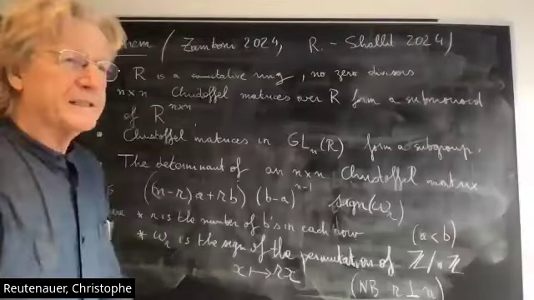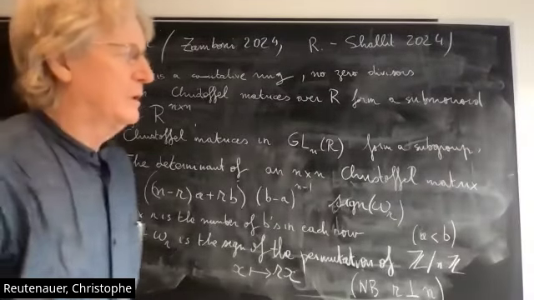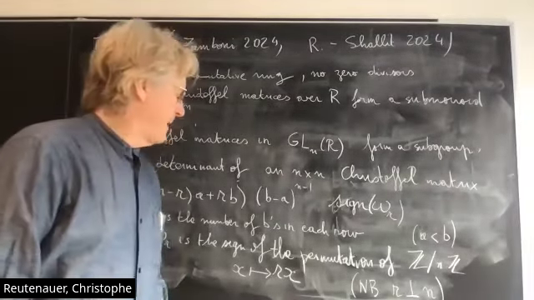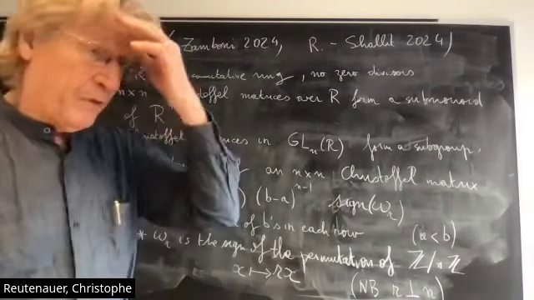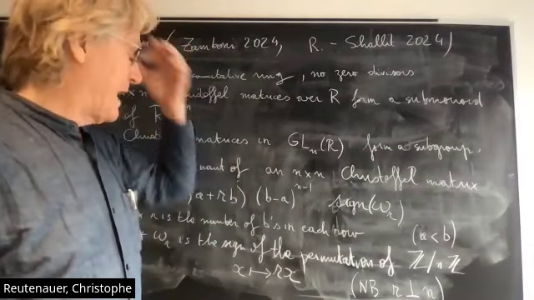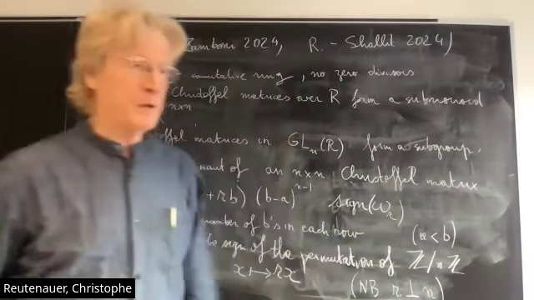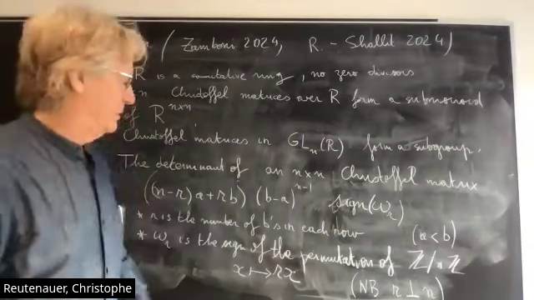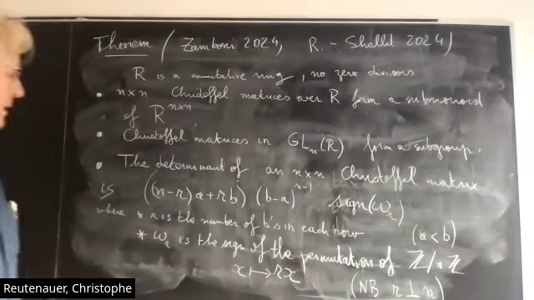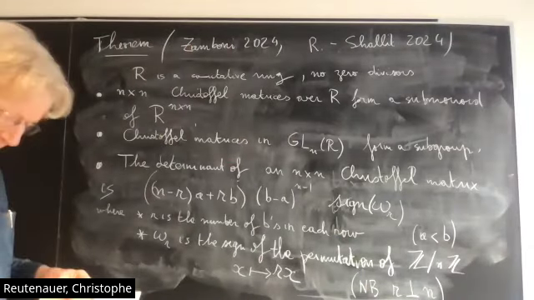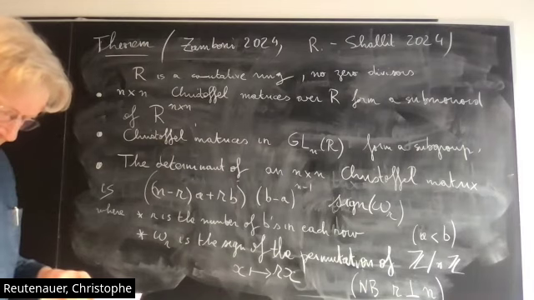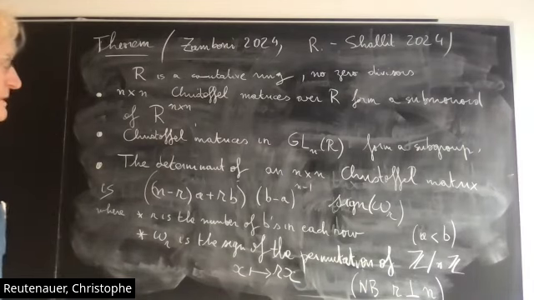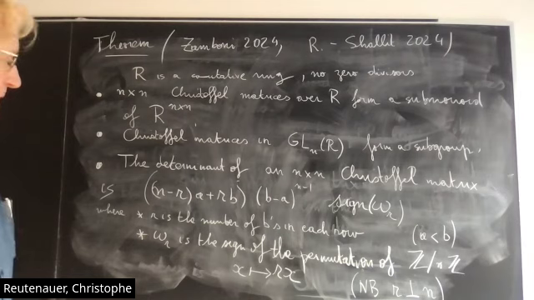For Christoffel words, the number of a's and number of b's are relatively prime, and so relatively prime to the length of the word. So it's a permutation of this ring, and omega r is the sign of this permutation. That's it. This is one of the main results.